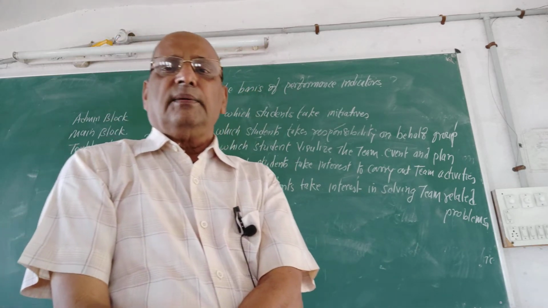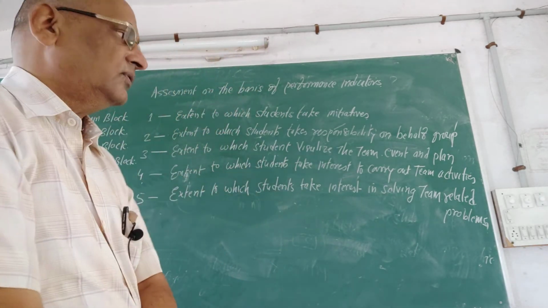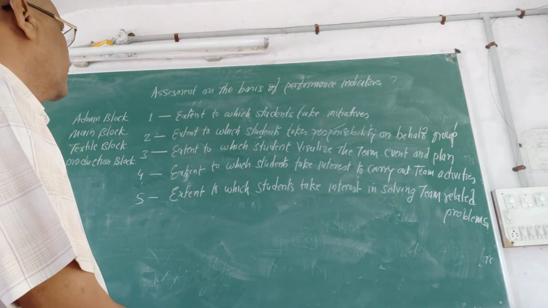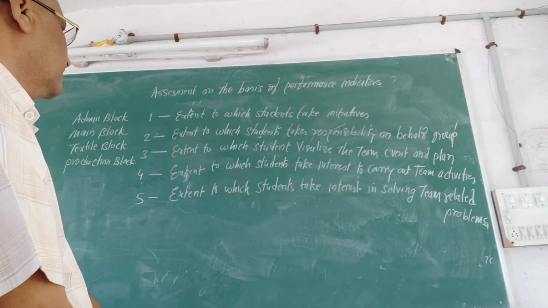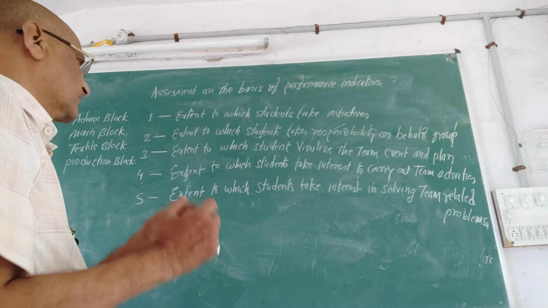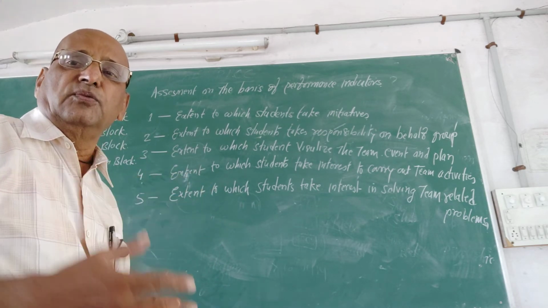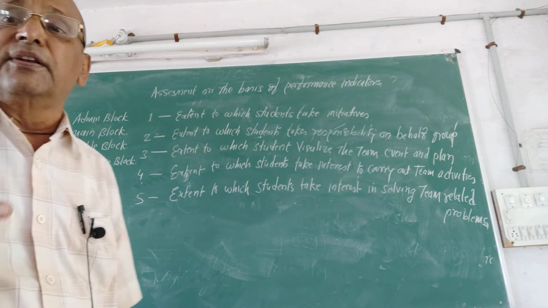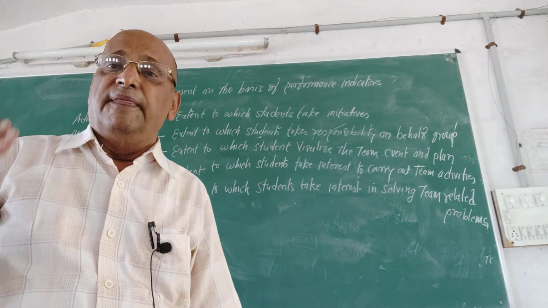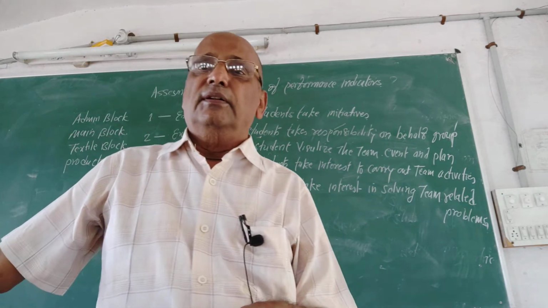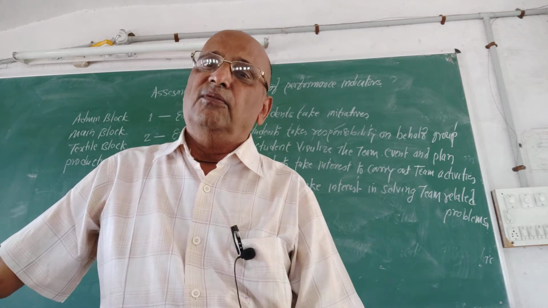So this is the meaning of these 5 points, in which every sentence starts with 'extent to which'. It means there is a certain limit fixed by the team leader and the person who is organizing the work.